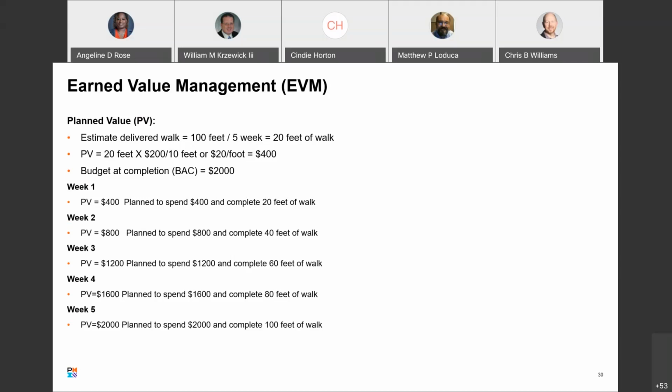Hopefully that helps tie it all together. You'll see that sequence a lot, going from work performance data to work performance information to work performance reports. You'll see those as inputs and outputs throughout the book, and I believe they have that in the new material too. So those actual costs and that earned value are examples of work performance data.